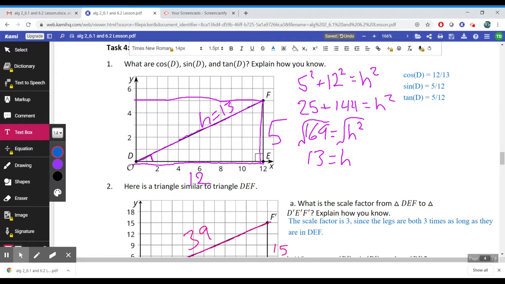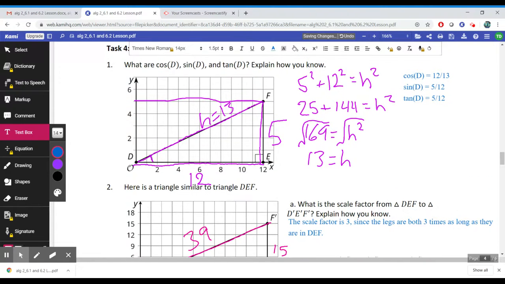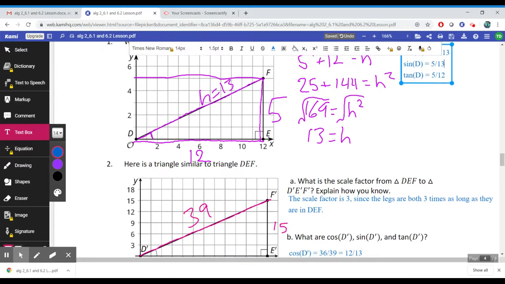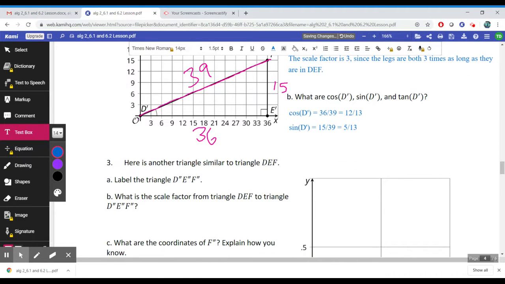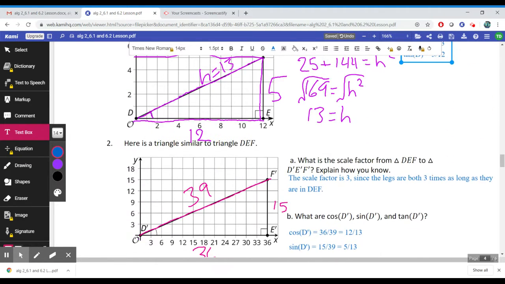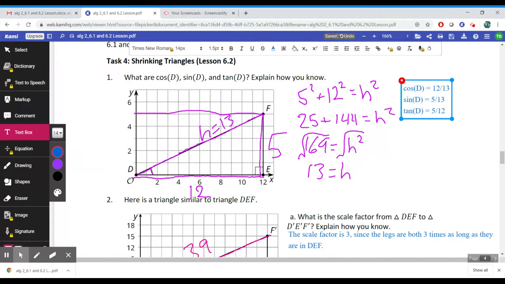Oh, I just realized, back on this one, I made a mistake. Apologies, that should be a 13. So with that correction, we can see that sine of d primed is indeed equal to sine of d.